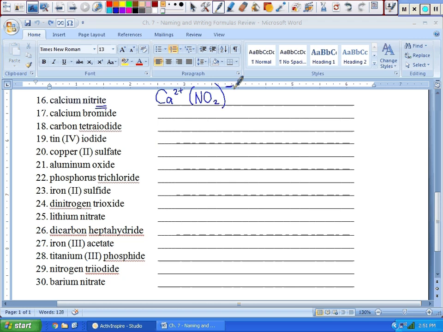Now, the next part, I want to see you do this on all ionic compounds. This next part you don't have to do if you don't want to, but I want to see this. Do you agree that your eyes are now doing the work and your brain's not doing it anymore? This is going to allow you to see what to do and not think of what to do. So what do we do with those two things? Crisscross. So here's my next question. Do I have to keep my parentheses to continue protecting that polyatomic?